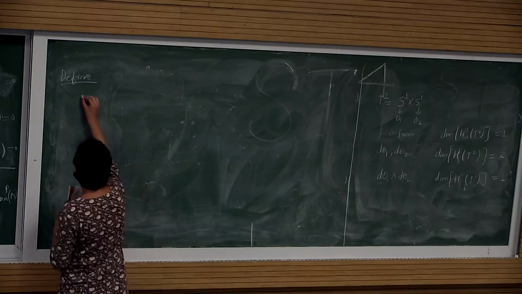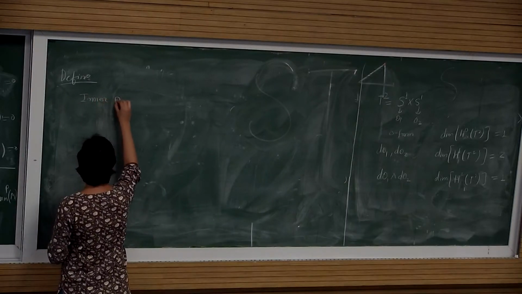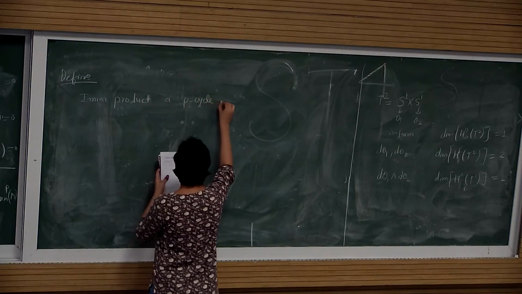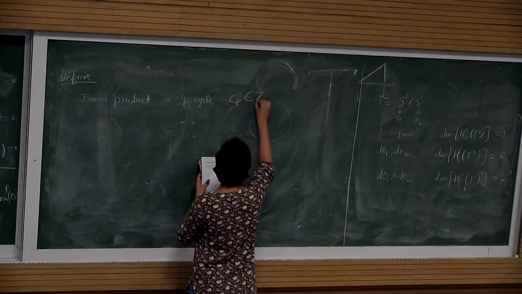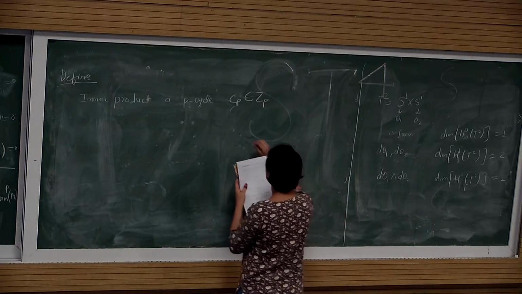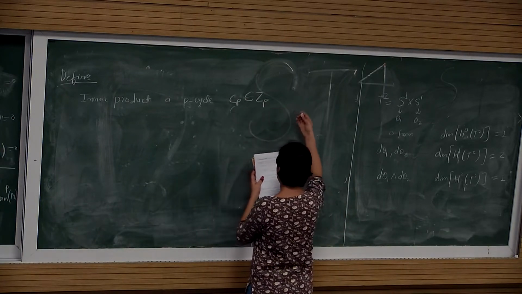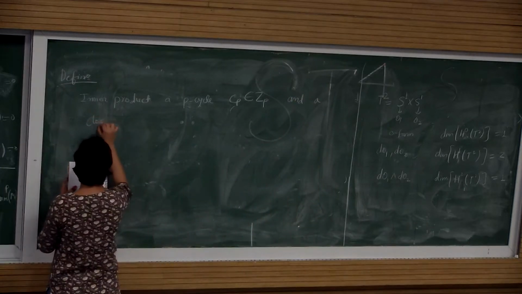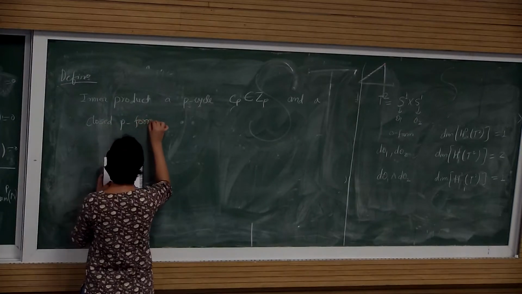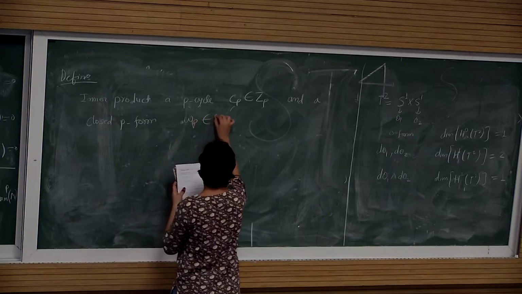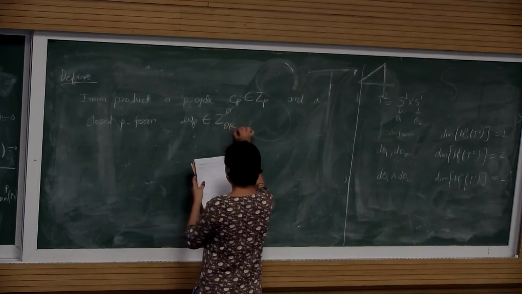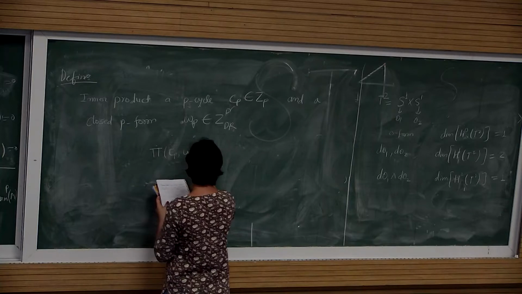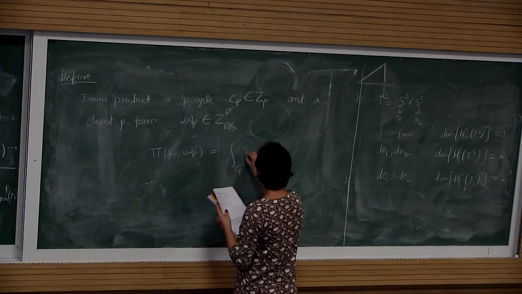So we can define the inner product of a p cycle, which belongs to Z_p, and a closed p form which belongs to the Z^p of de Rham, as pi of C_p, omega p equal to the integral.